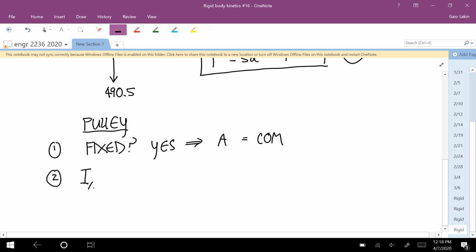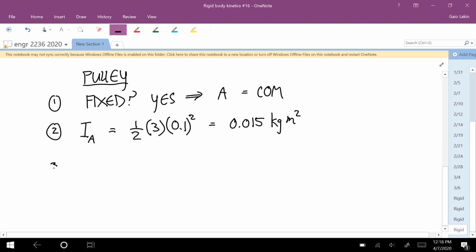So the mass moment of inertia about the center of mass is 1/2 times the mass times the radius squared. So that is 0.015 kilogram meter squared.